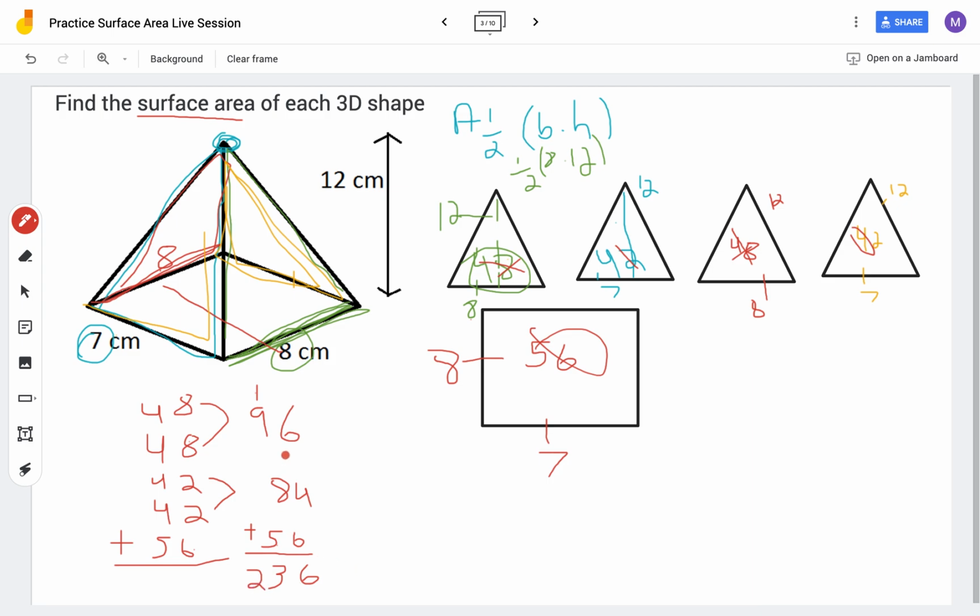So, all of our faces added together gives us a surface area of 236 centimeters cubed. The cube symbol is that 3. When you're doing an online test, because you can't type that symbol, you could also write it as 236 centimeters cubed, which could be CU.